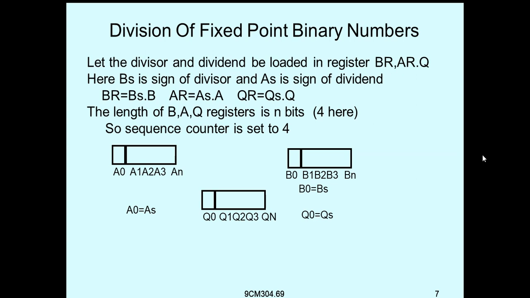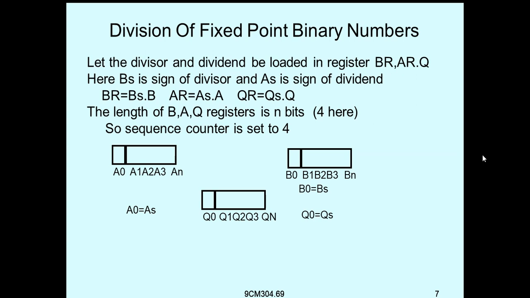To do the binary operation, we have to store those numbers in the corresponding registers. So let the divisor and then dividend be loaded in registers BR and AR.Q. Here BS is the sign of the divisor and AS is the sign of the dividend.